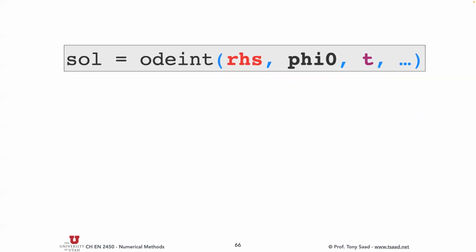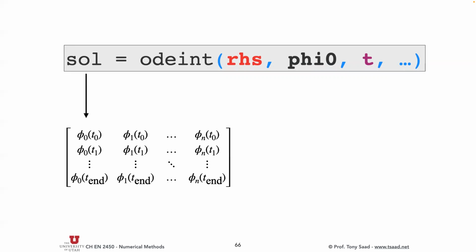Okay. So in the case of a single ODE, ODE int returned the solution of the only dependent variable, temperature in the previous case, at each point in time. So temperature at T0, temperature at T1, temperature at T2, it returned one vector or one array. In this case, it's going to return an array of arrays.